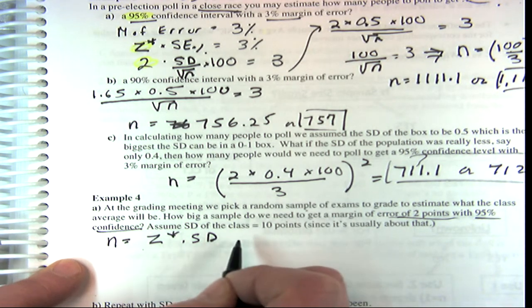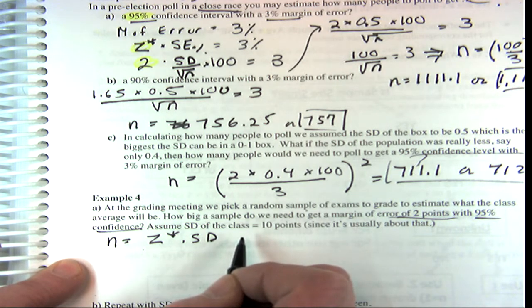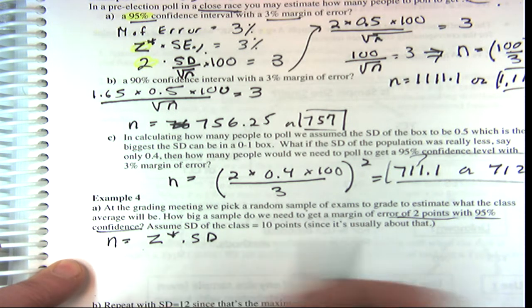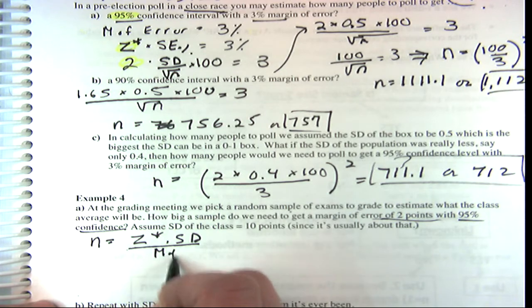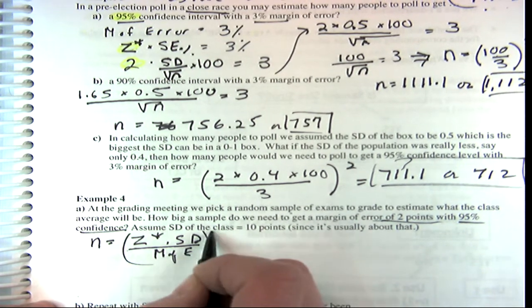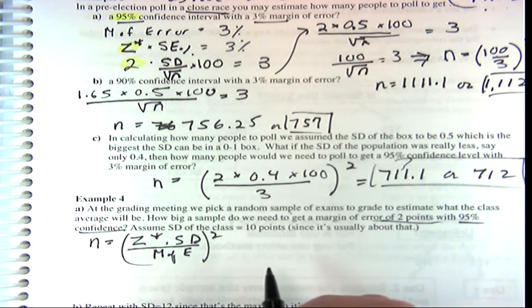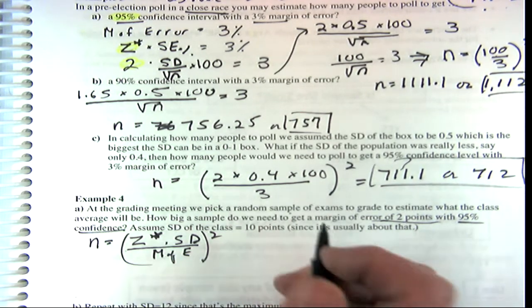And now we don't multiply by 100. Why? Because it's an average, right? We're using this formula here.